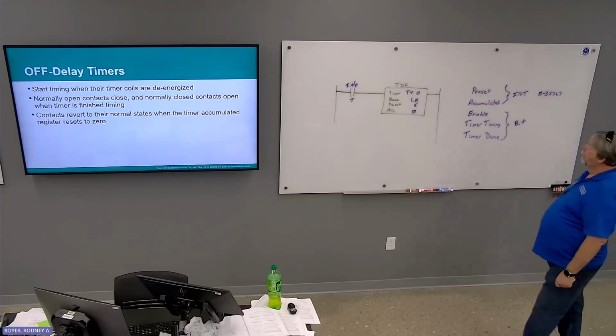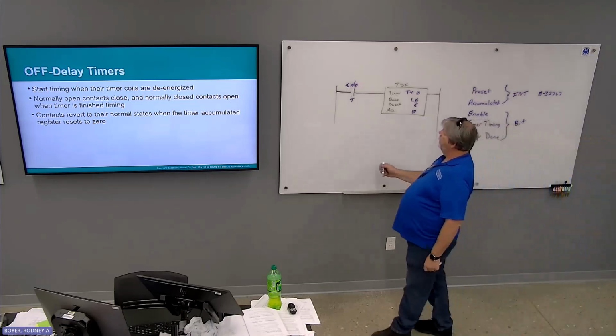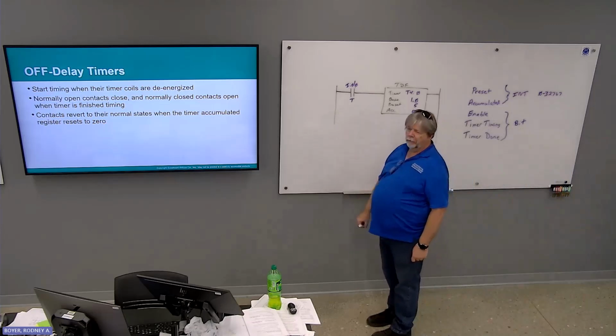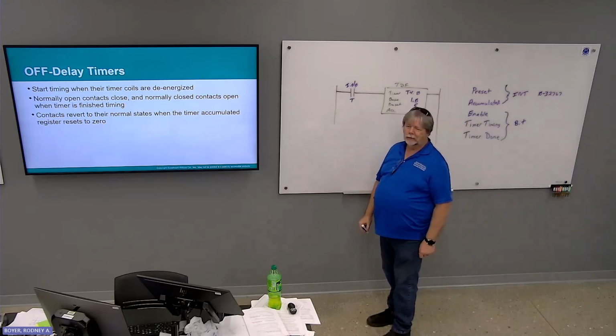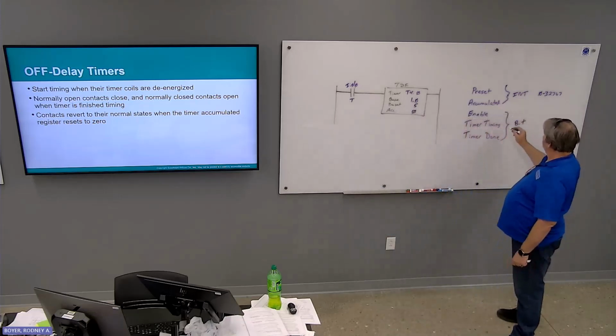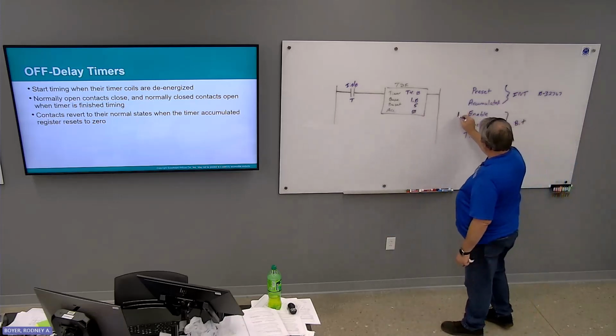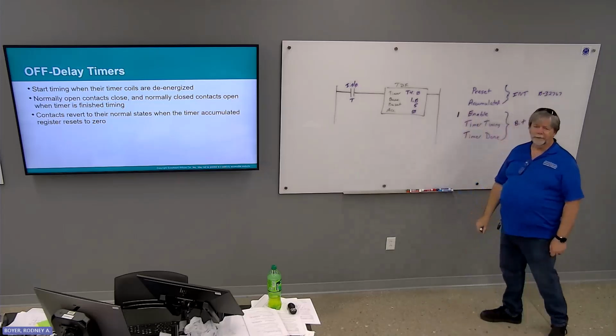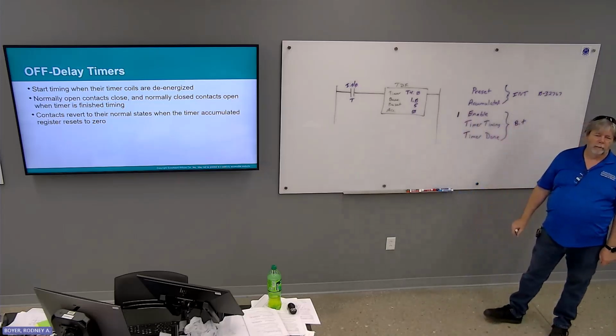So when my input evaluates as true, it enables my timer, and my enable bit is going to be set to a 1, saying the timer's enabled.